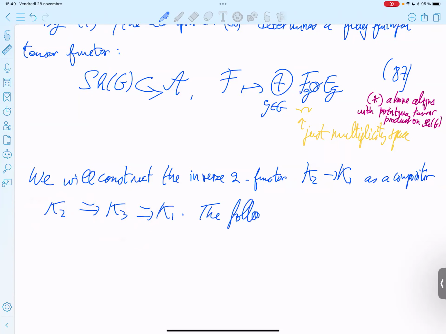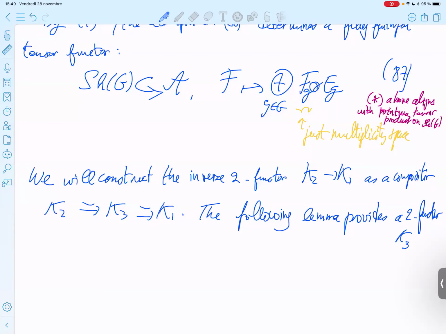The following lemma will provide the two functors from K3. Oh, no. The following lemma will provide from K3 to K2.